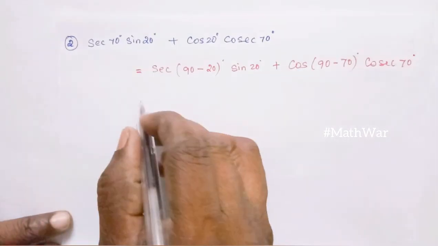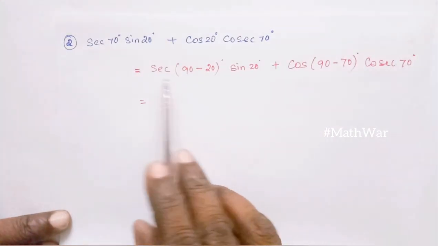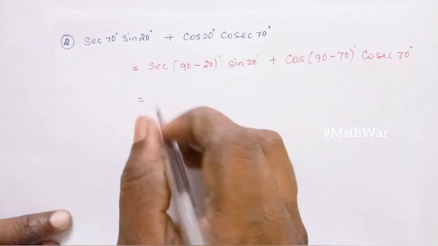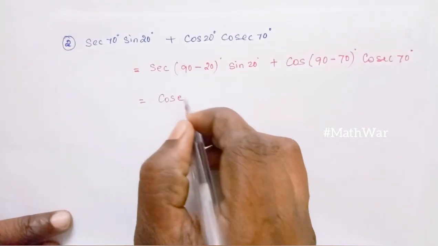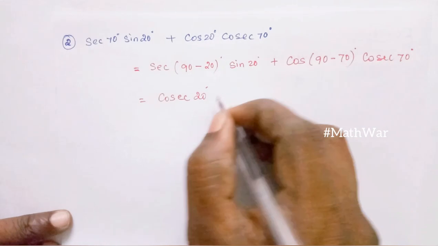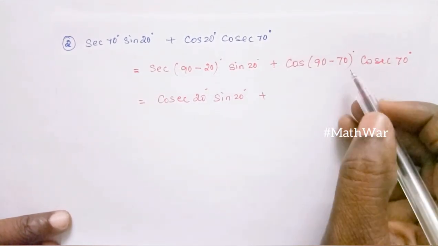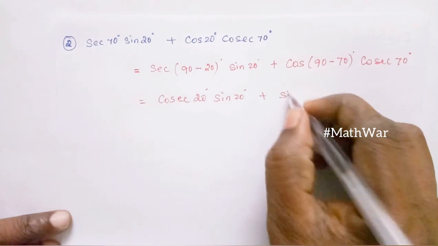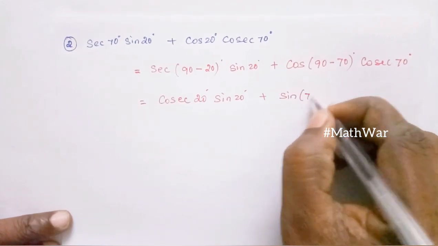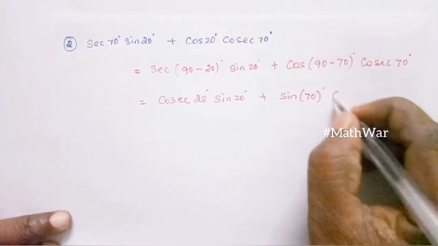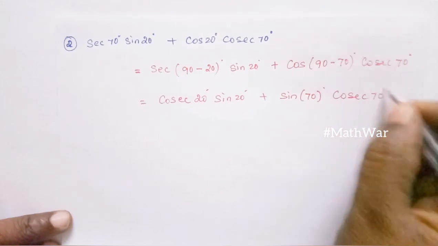That's all. Secant of 90 minus theta is cosecant theta, so cosecant 20 degree into sin 20 degree plus, cos of 90 minus theta is sin theta, so sin 70 degree into cosecant 70 degree.